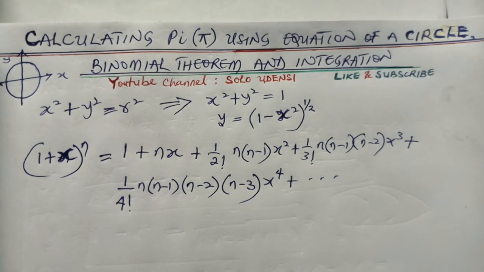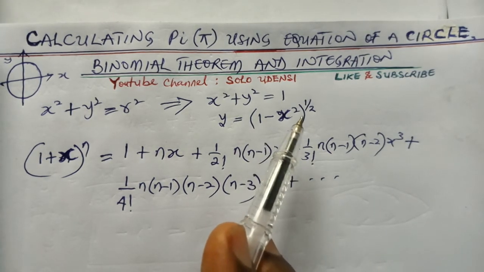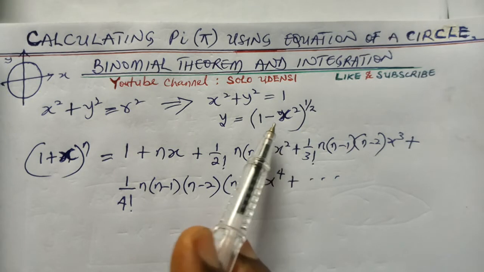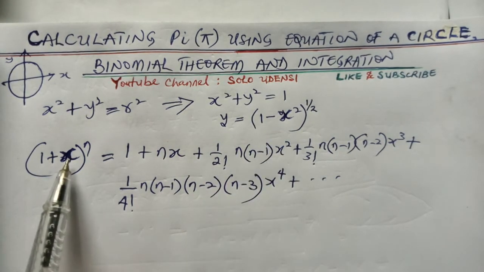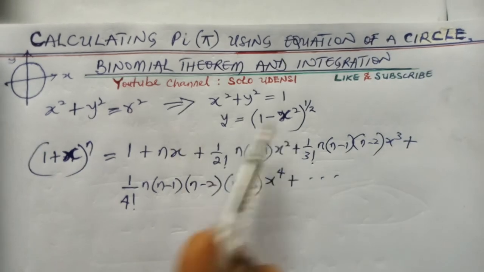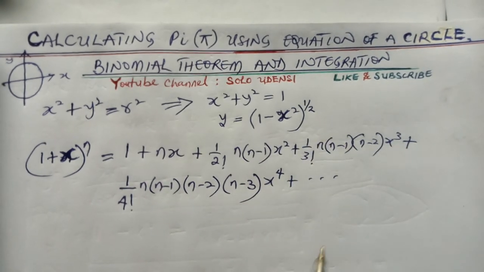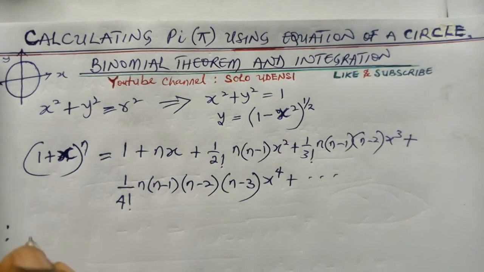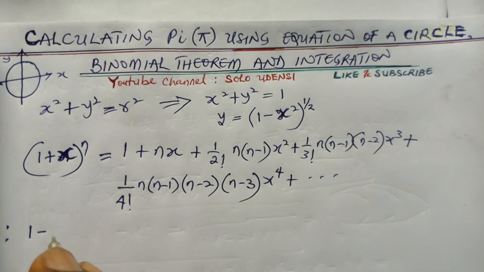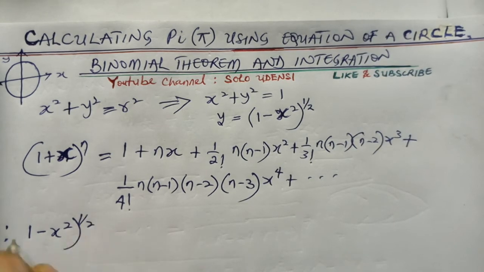So from here you see that we can easily substitute x for minus x squared and n for half. If we do that, our equation will now look like 1 minus x squared all raised to power half.